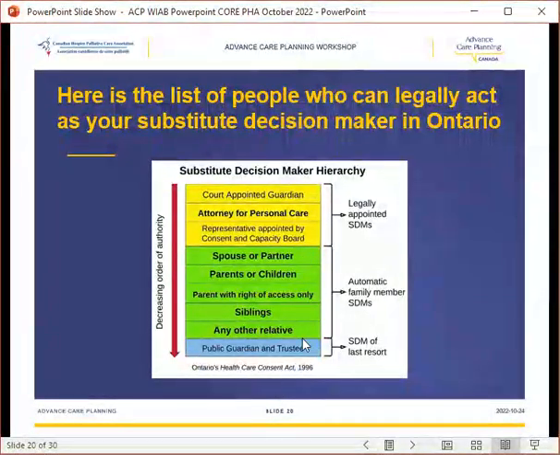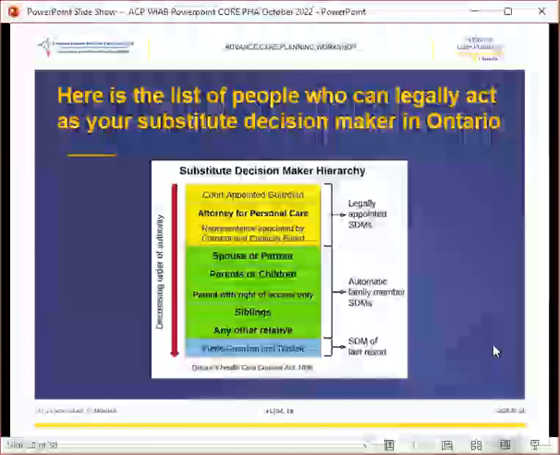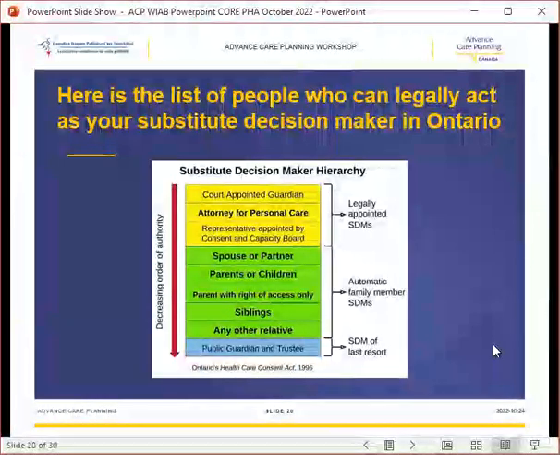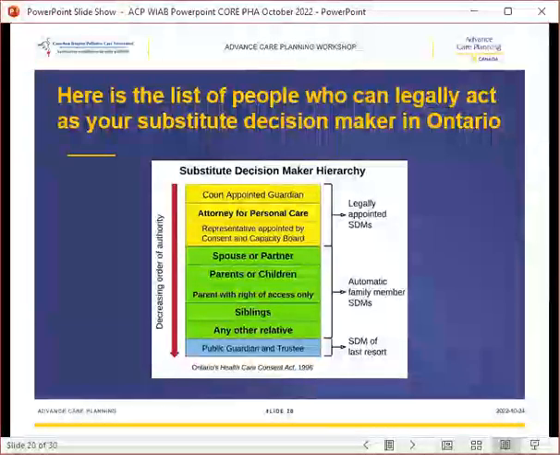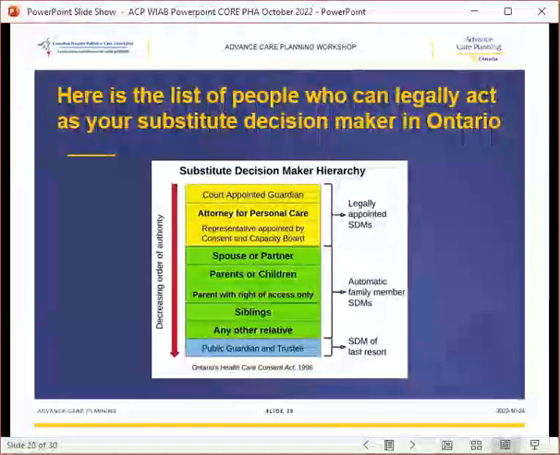So as you see here, anything in the green is automatic. You don't have to do anything. You may have heard of powers of attorney for personal care and finance, but again, depending on the type of family that you have, your spouse or partner, common law or married, oftentimes automatically would be tasked with making those decisions.